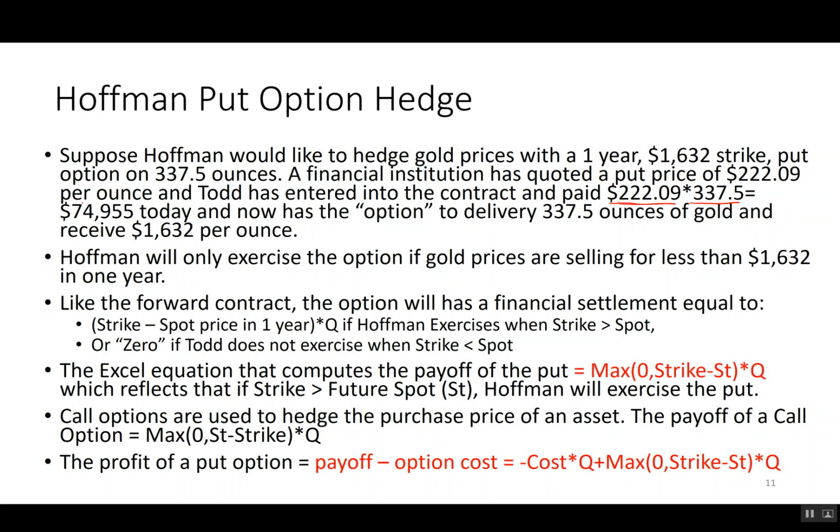That means that Todd is going to pay $74,955 today for this contract that gives him the right, but not obligation, to sell 337 ounces of gold at $16.32, which we'll call the strike price, in 1 year. So what we need to do to model this is first subtract the option cost, also called the premium.